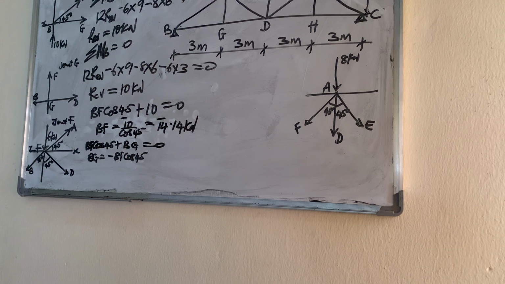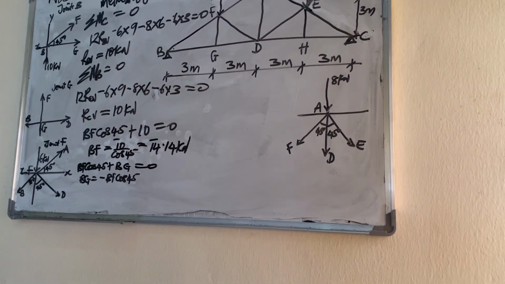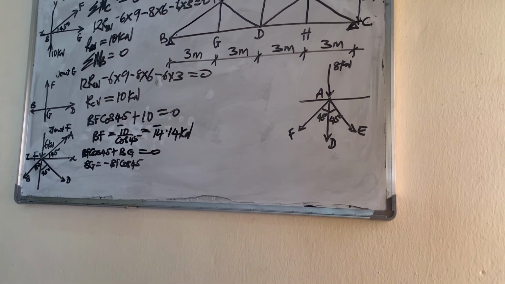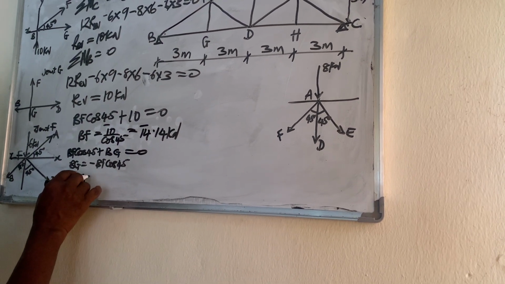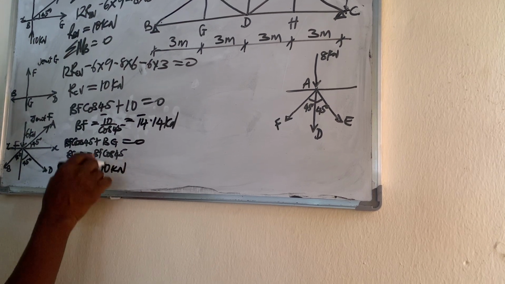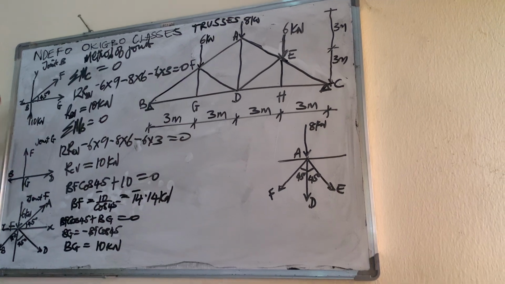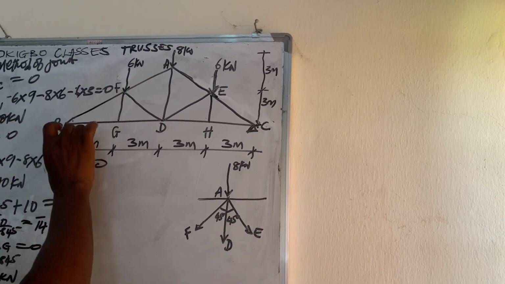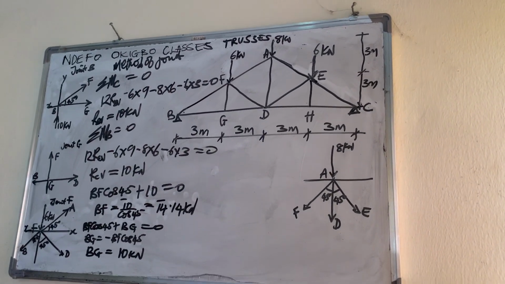So we got BG equal to 10 kilonewton, positive, because minus times minus is positive. So with this, we have gotten the forces in member BF and member BG.